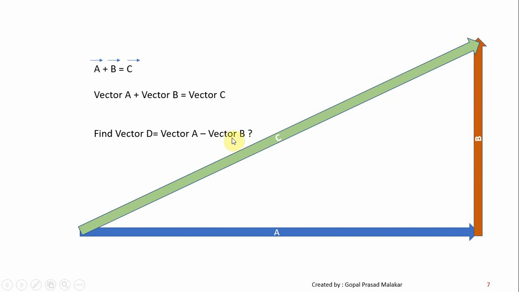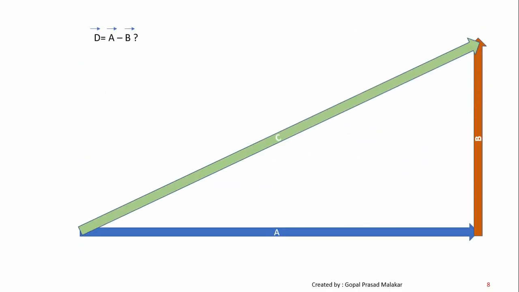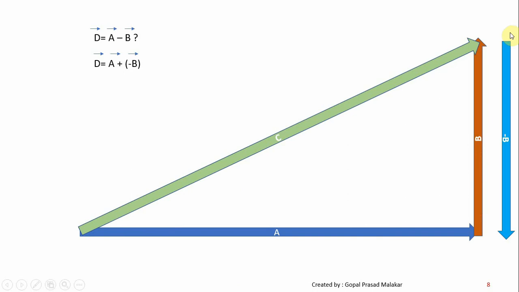Before that, you need to understand what is minus B. So essentially, if this is B, this is minus B. So minus B is what? Which has the same magnitude as B, but the direction is opposite. So if I ask you, how will you find A minus B?